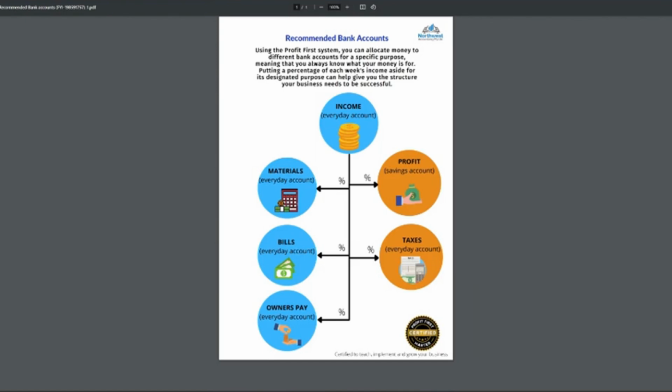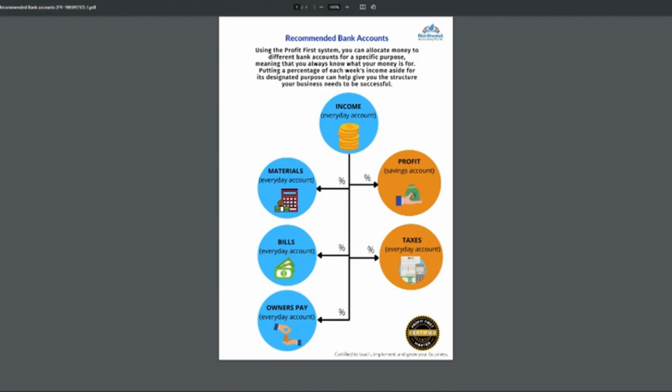And we go through and we allocate all of the money that's in the income account out to the different bank accounts. So there's a materials bank account. So if you're paying for stock or if you're paying for subcontractors to do the work for you, then yes, you need to pay them first.